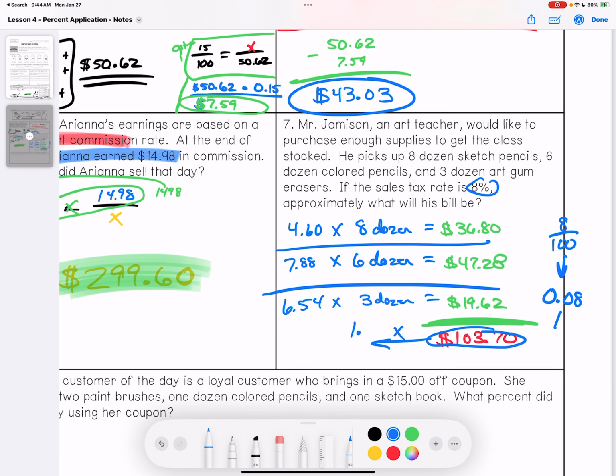It is not 0.8. That is 80% right there. This is 8%. The one I have circled in green, that's 8%. So my decimal would be 1.08 times 103.70. So let's do that. 103.7 times 1.08.